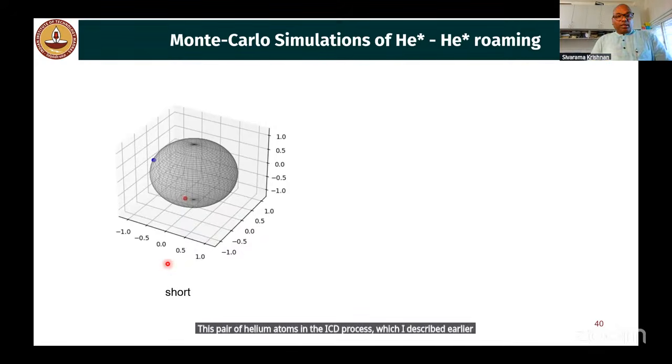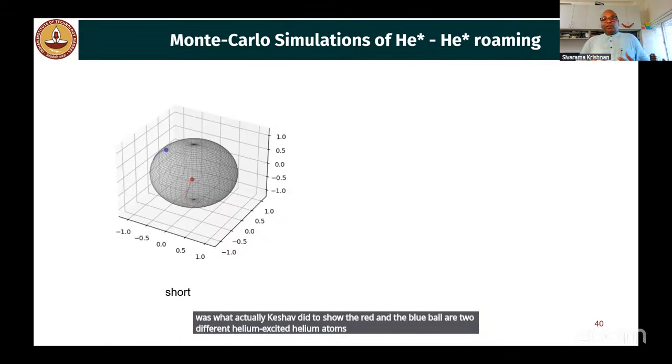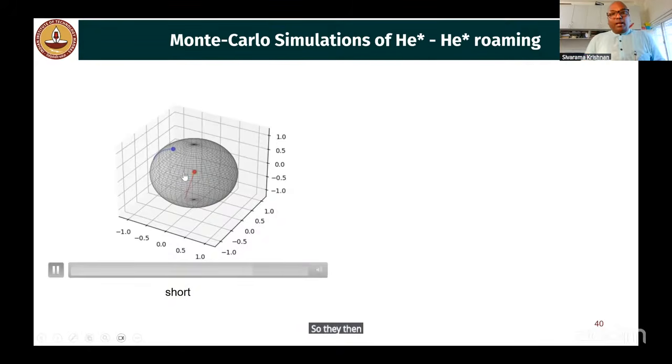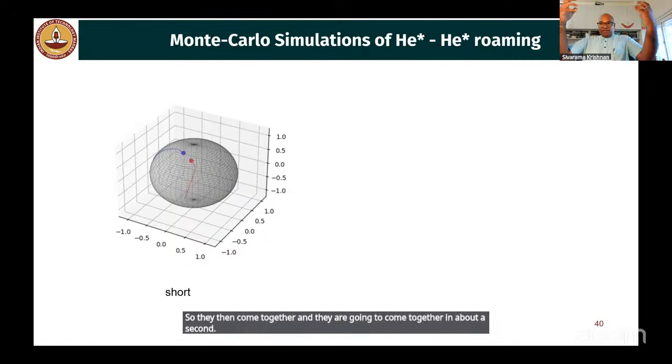This was what Keshav actually did to show the red and the blue ball are two different excited helium atoms roaming the surface of this droplet. So they then come together, and they are going to come together in about a second. They coalesce, and then the ICD process happens.